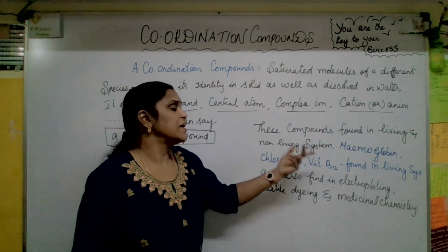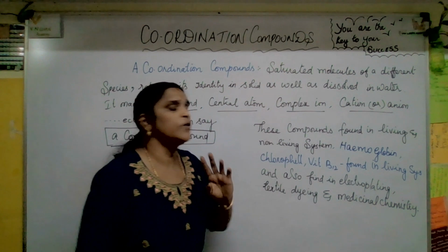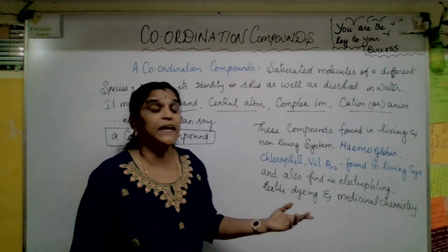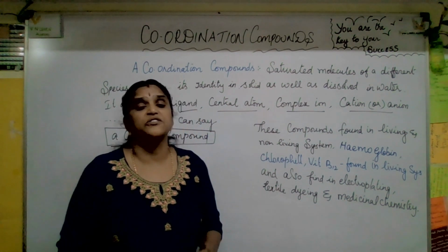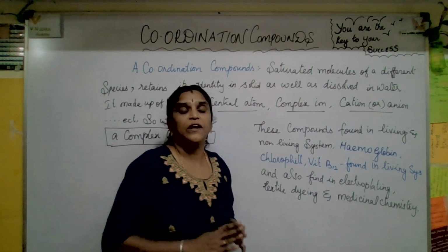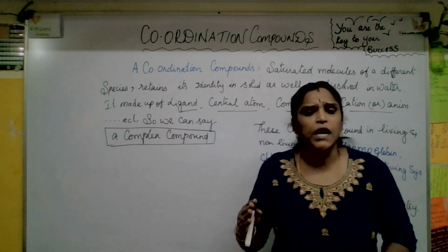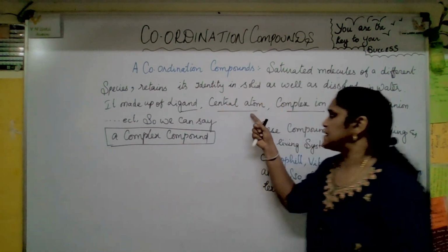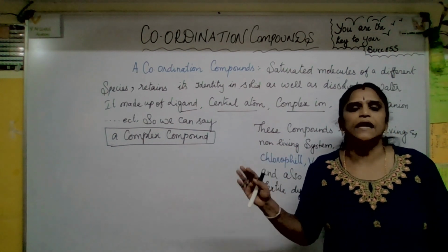Vitamin B12 is also a complex compound found in living systems, and they are also found in electroplating, textile dyeing, and medicinal chemistry. These are all surrounded by coordination compounds. Now let us learn line by line what we mean by ligand, central atom, complex ion. Each and everything we will go through in a detailed way.